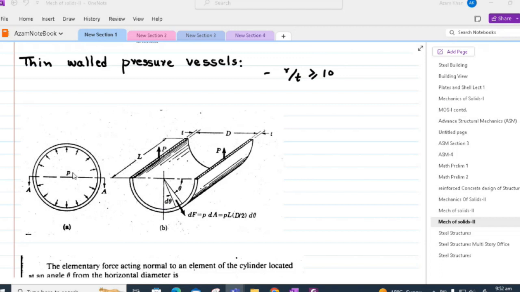Consider a typical longitudinal section AA through the pressure-loaded cylinder in figure A. A free body diagram of half a cylinder isolated by the cutting plane AA is also shown next to it.